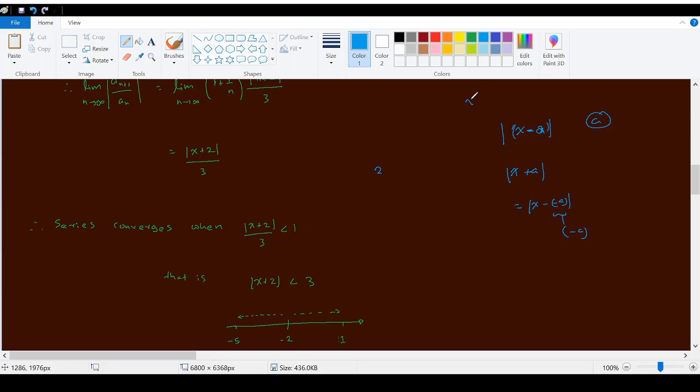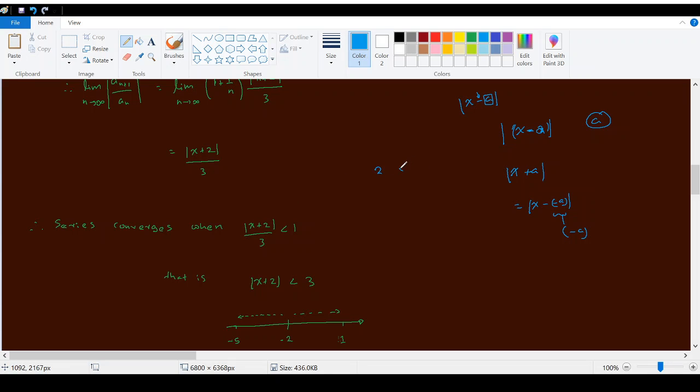In order to extract out the center you need to have x minus, right? Then you can take this term as the center, but here you have x plus.